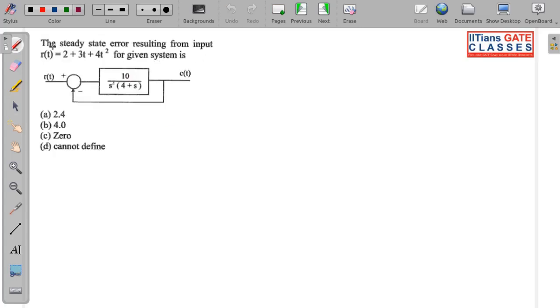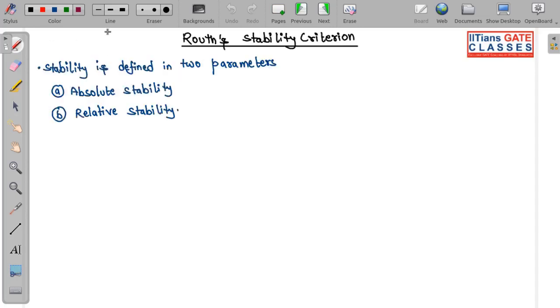Now next, we have the steady state error resulting from input r of t equal to 2 plus 3t plus 4t square. So this is your composite input. Very quickly try to find this.